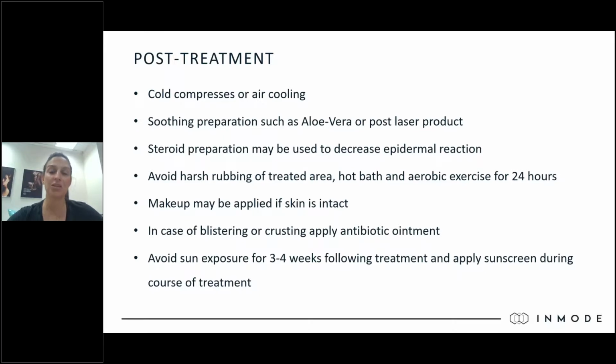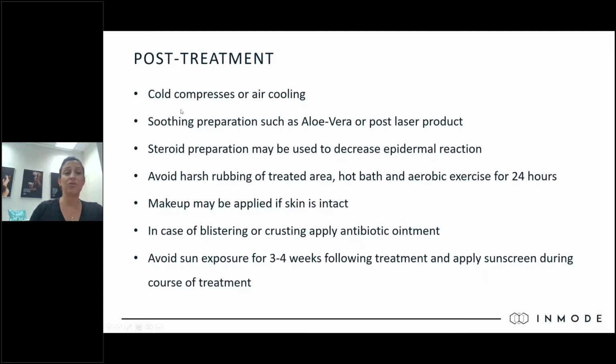Steroid normally is not needed, but if you see a very severe epidermal reaction, you may use it. I have never actually had to use a steroid cream on vascular patients.